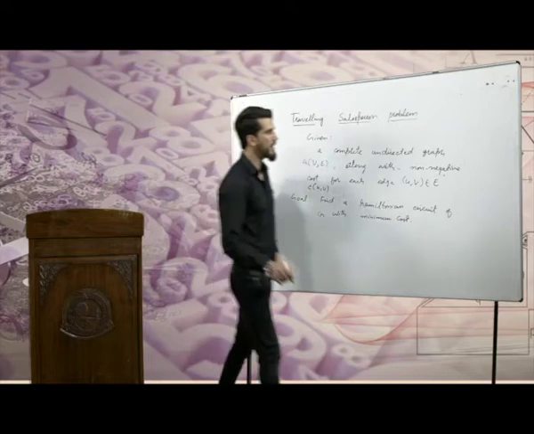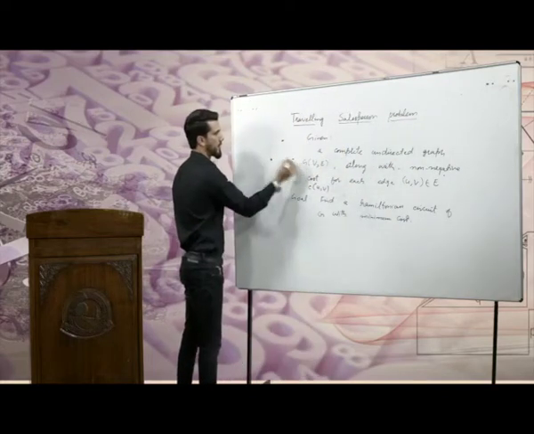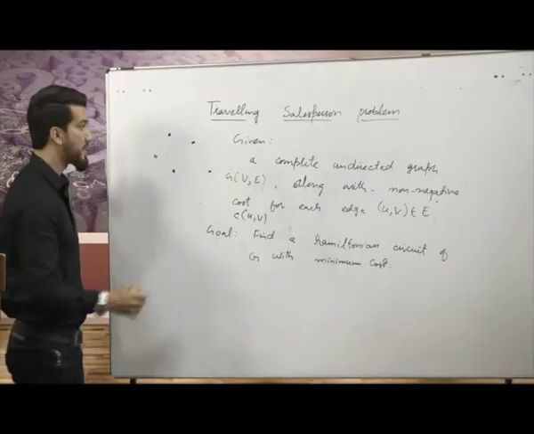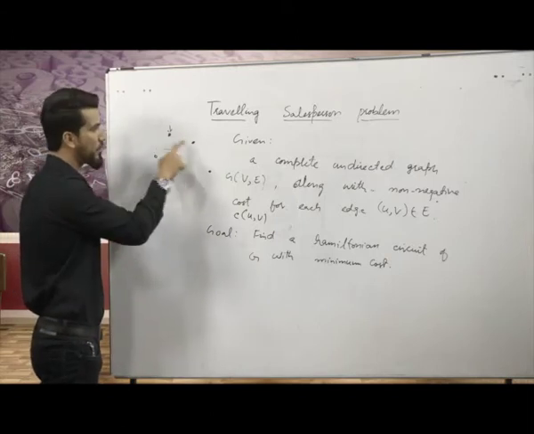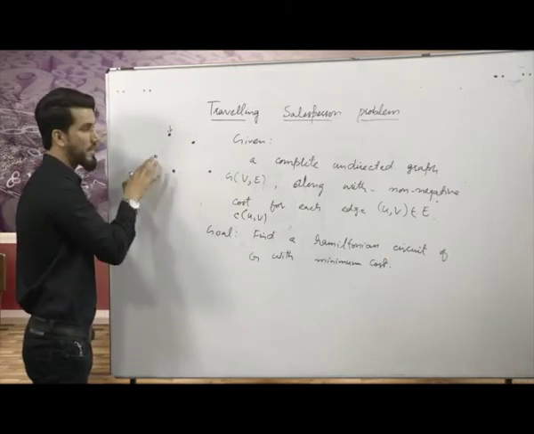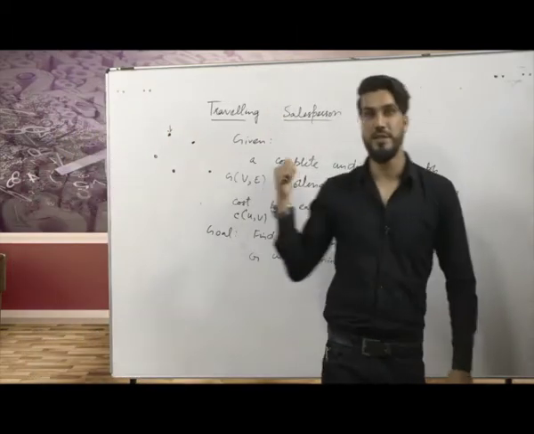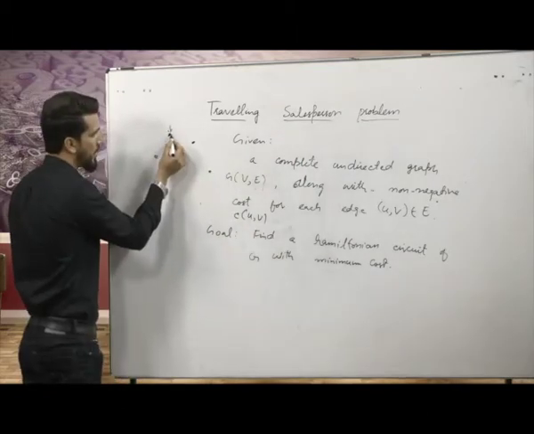So basically what we are trying to do is we have entities. Let's say we have 5 cities here, and the salesperson starts arbitrarily with a city, say this, and he has to visit each city exactly once and return to the starting city. There may be many permutations which he can take.